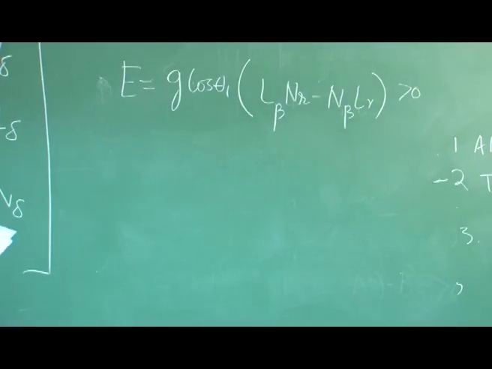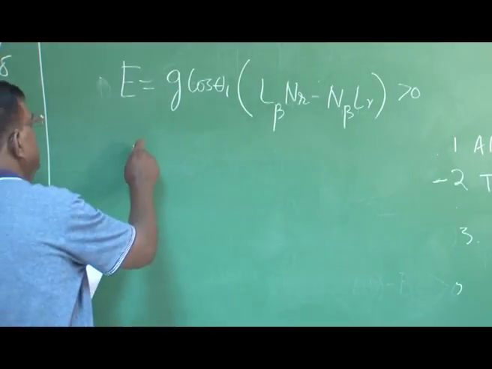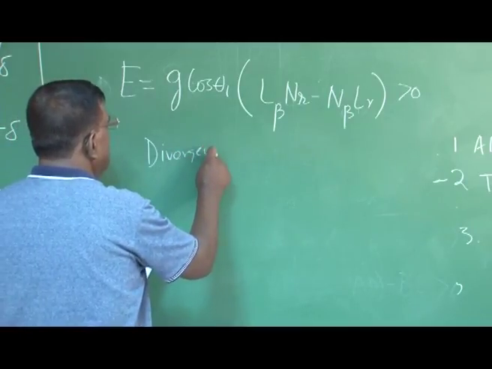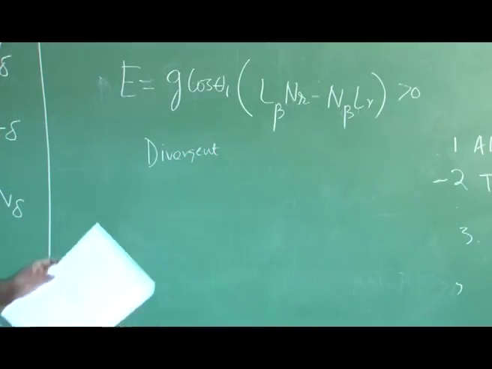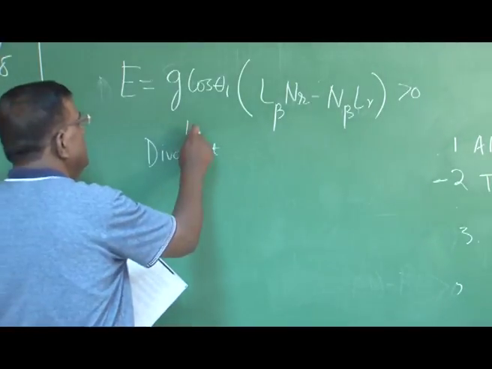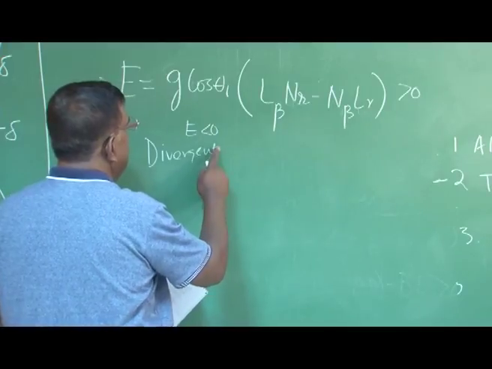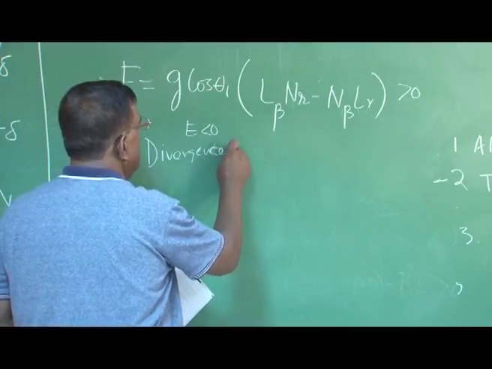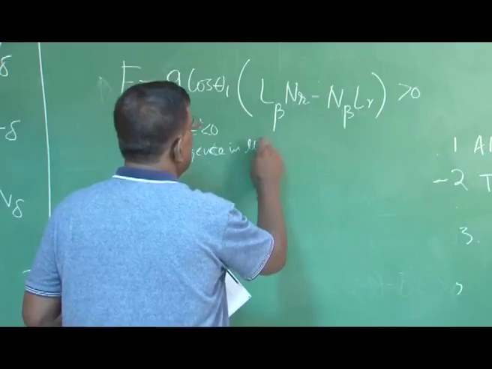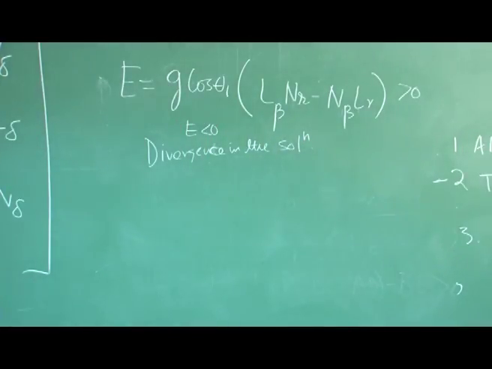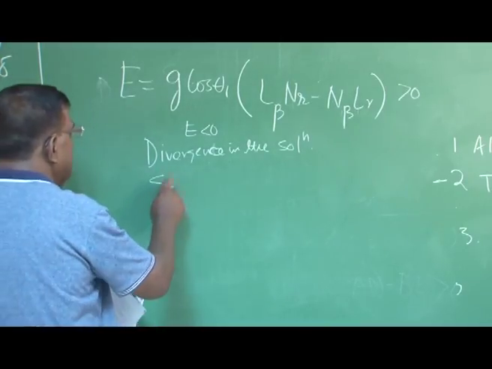What is seen is that if it is not greater than 0, then in the time domain there is one divergent root. If E is less than 0, there is a divergence in the solution, which suggests dynamic instability, and that is typically the spiral divergence.